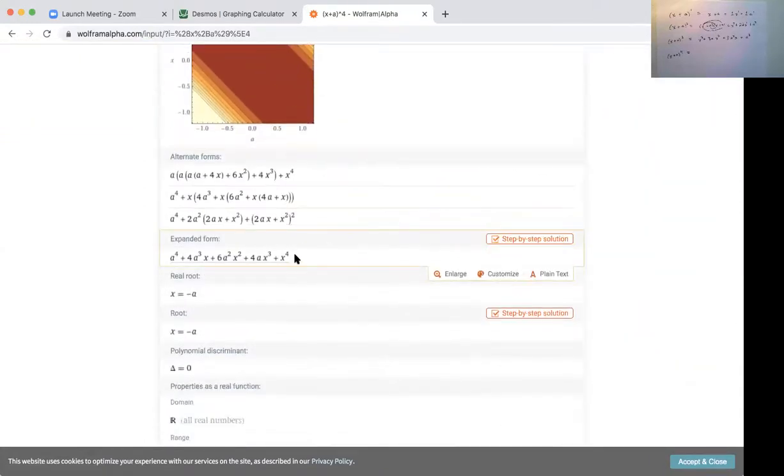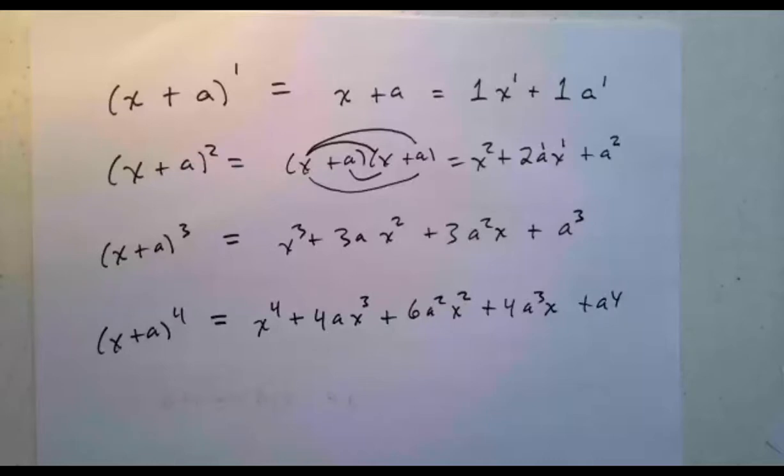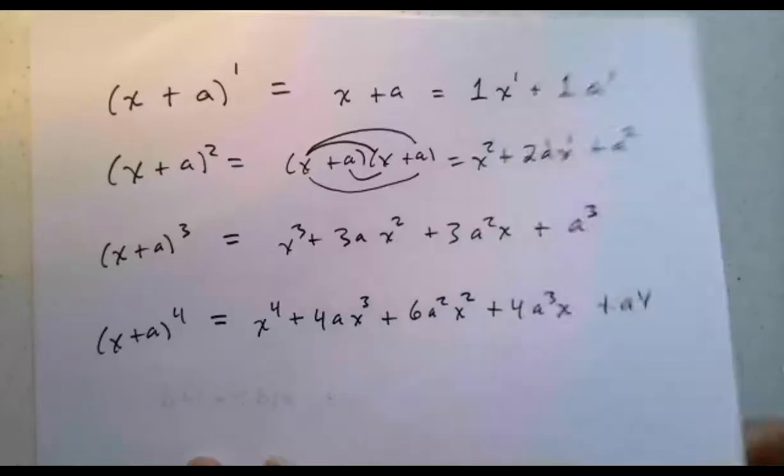And again, starting at the right, x to the fourth plus 4ax cubed plus 6a squared x squared plus 4a cubed x plus a to the fourth. So that should be enough for us to identify a pattern.